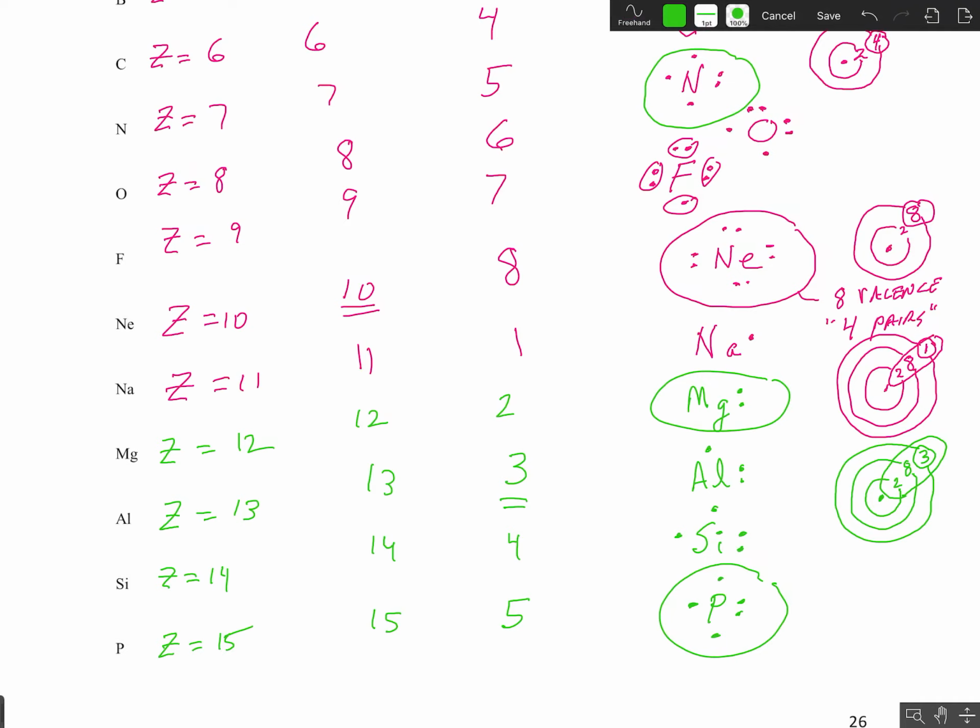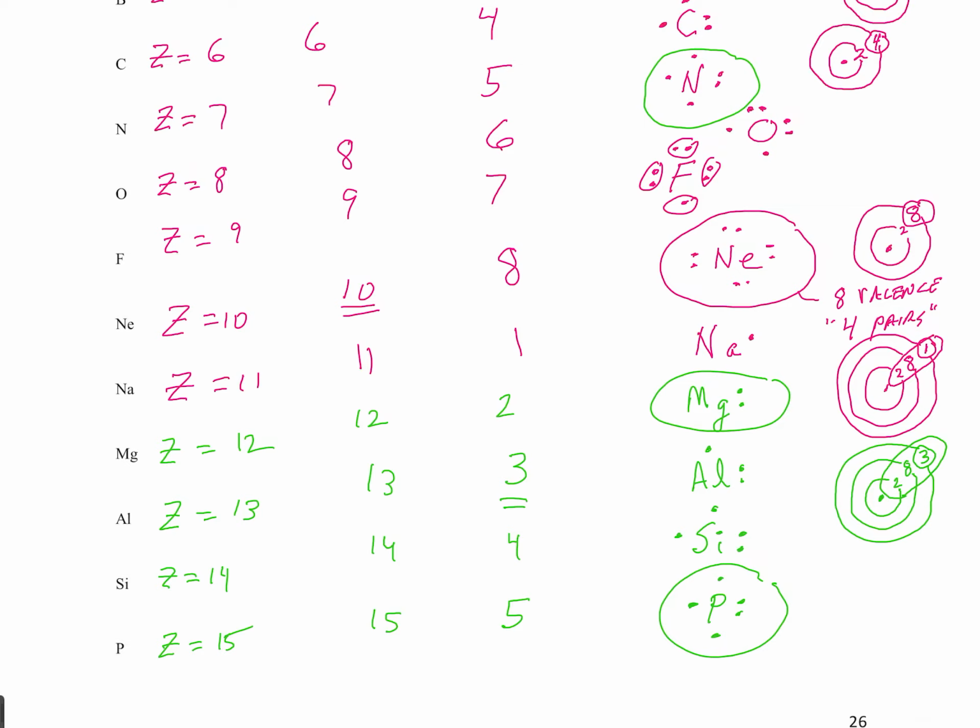Do you also notice that they're in the same group? That should make sense. They're both in group 15. They have the same number of valence electrons, so it would make sense they would have the same dot pictures. And if you think ahead a little bit, think about the next element in that group, arsenic, and then antimony and bismuth. Yeah, they'll probably have the same dot pictures, won't they?